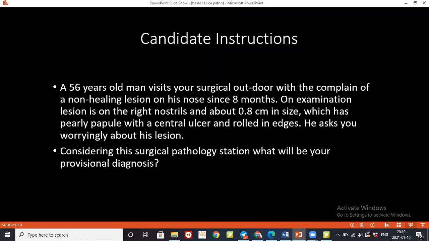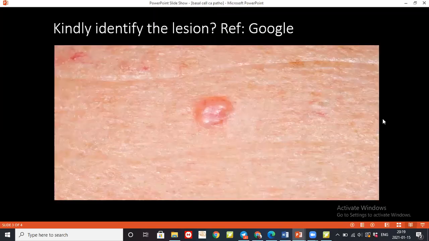If you have read and understood, kindly tell me by looking at this, what do you think your provisional diagnosis would be?